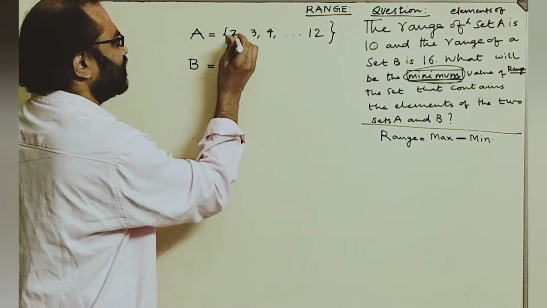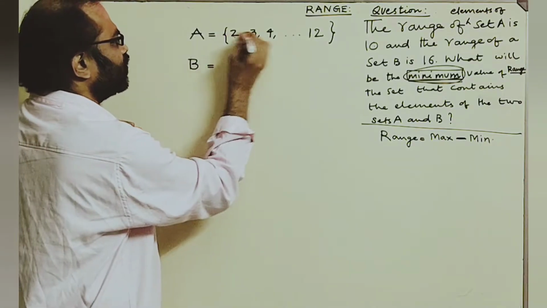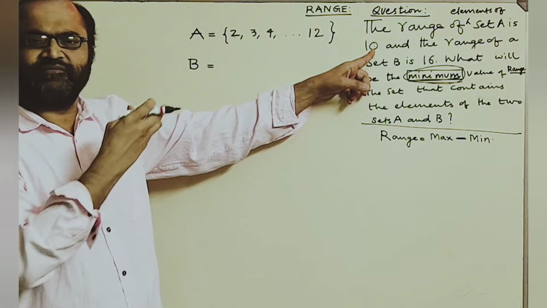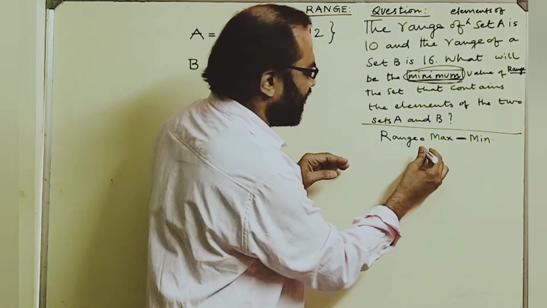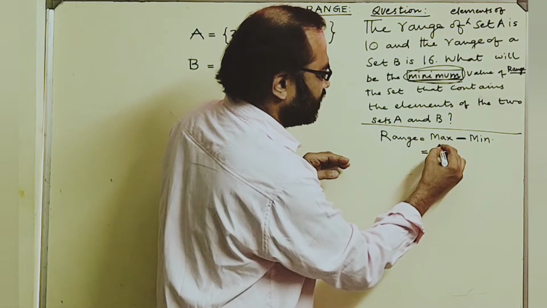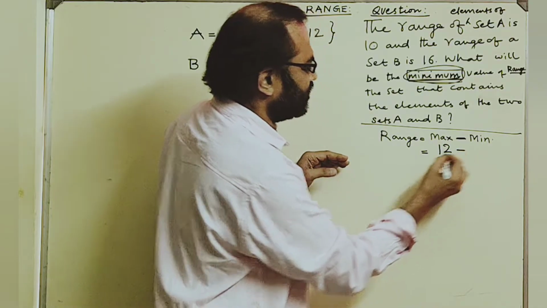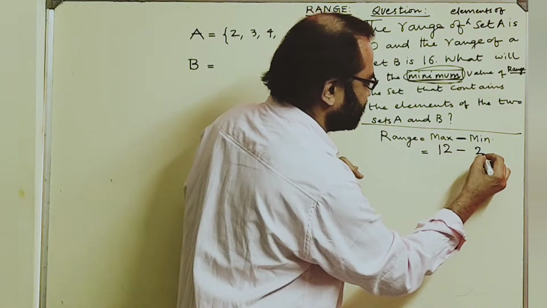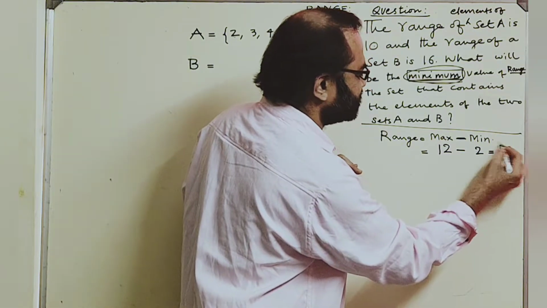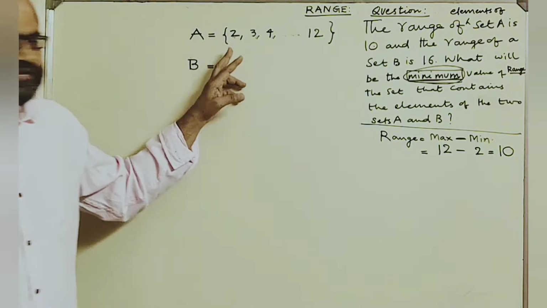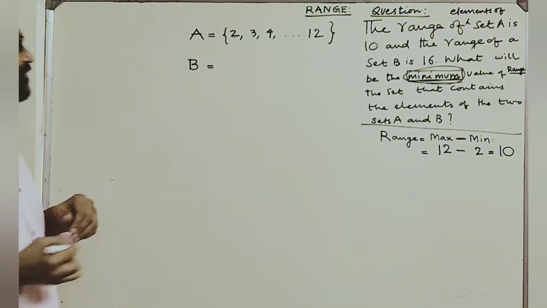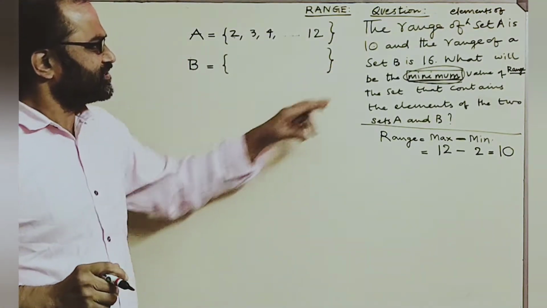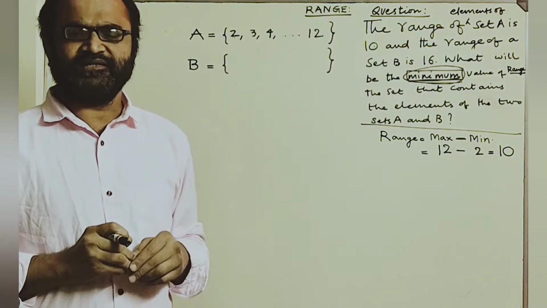So I am taking some integers in set A from 2 to 12 whose range will come out as 10, as given in the question. So here in set A, the maximum element is 12, the highest number is 12 and the least number is 2. So the difference is 10. So that is the range of set A. Similarly, write some elements in set B such that its range will come out as 16.